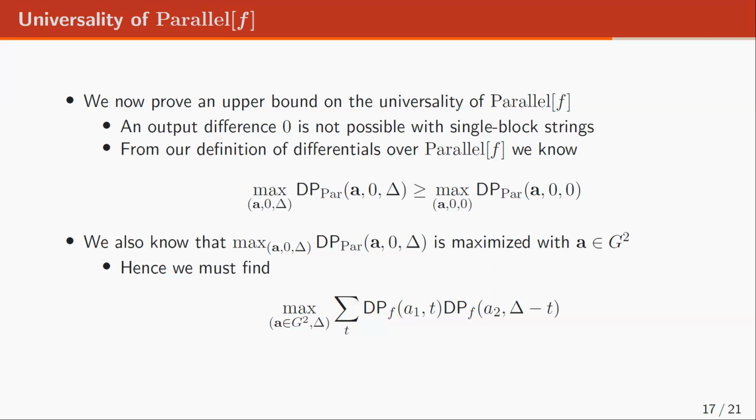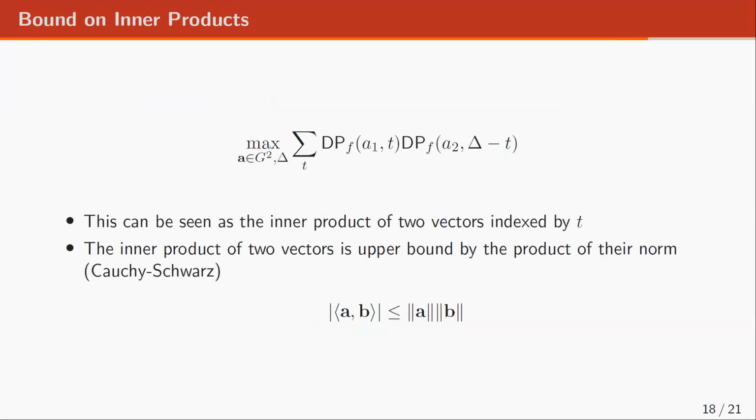So how do we do that? Well, we can see that this is actually just an inner product of two vectors of t, and for the inner product of vectors there is a very famous bound called the Cauchy-Schwarz inequality, which says that it is bounded by the product of the norms of the vectors.